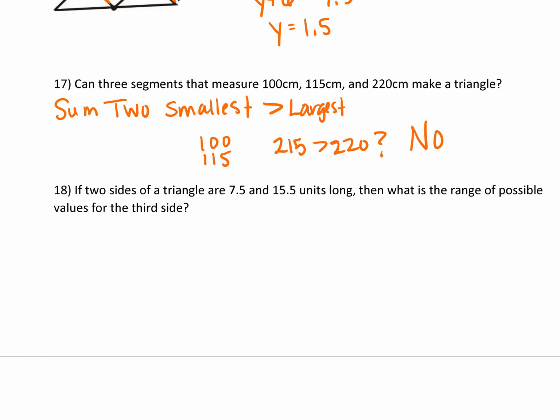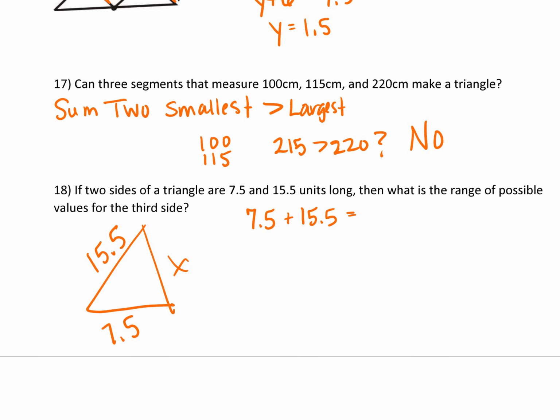All right, the range of possible values. So we've got 7.5 and 15.5. What could the third side be? So easy way, add up the two other sides, and that's going to come to 23.